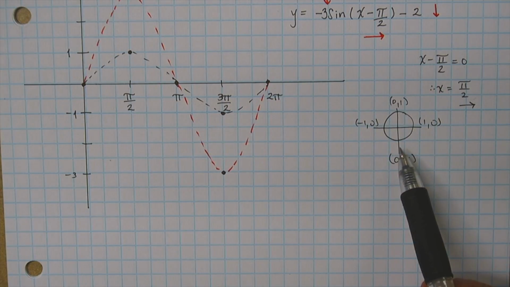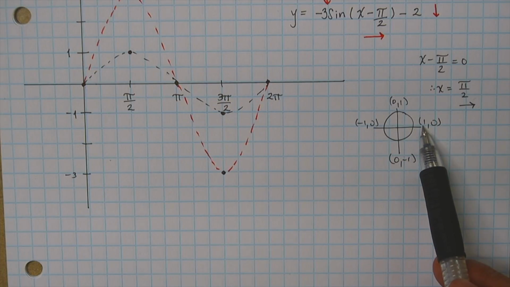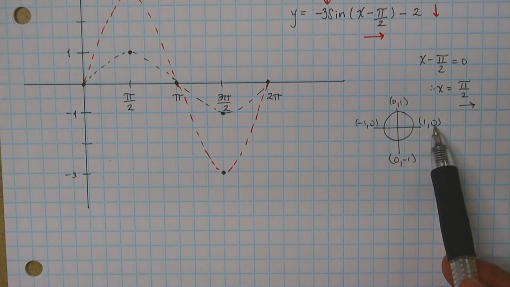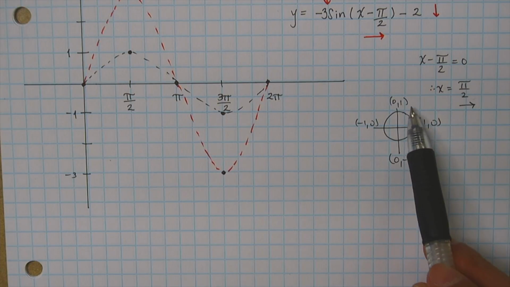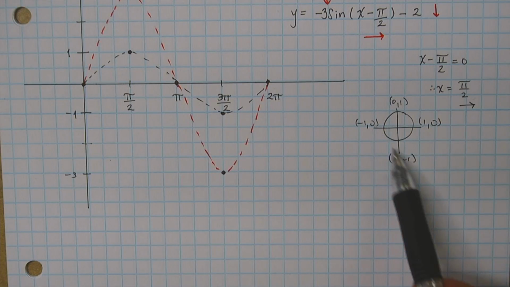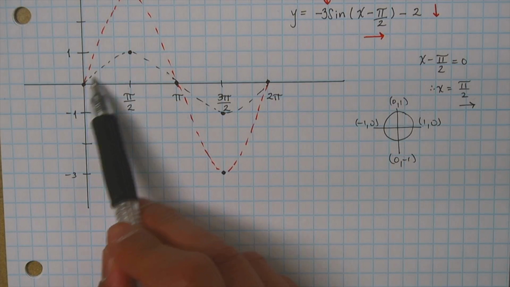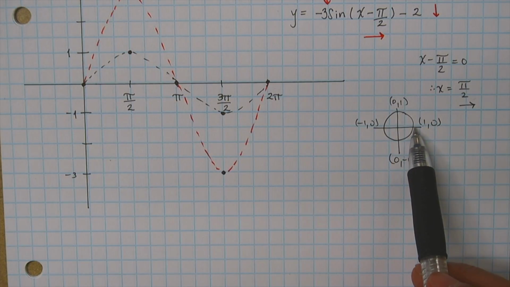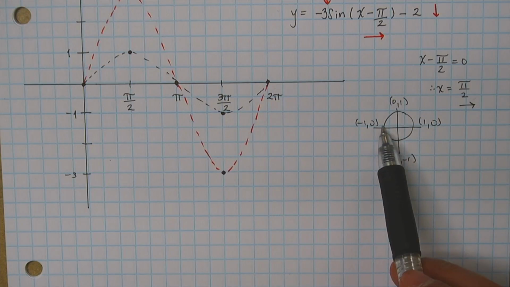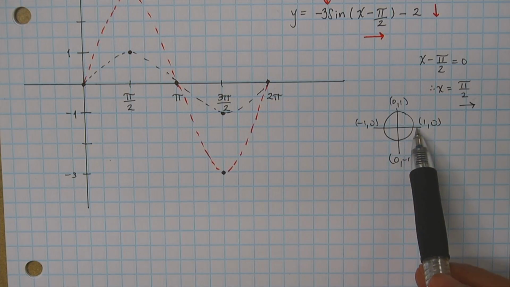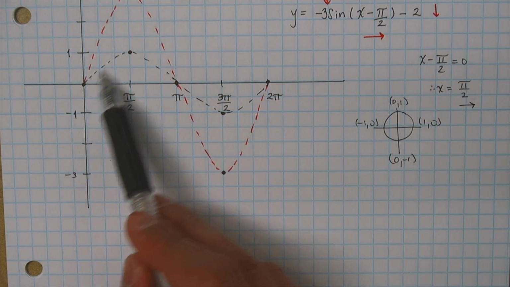And remember, cosine represents the x value, sine represents the y value, so that's why we go from 0 to 1 to 0, back to negative 1, and then back to 0. And that's this pattern you see here. You start off with 0, pi over 2, pi, 3 pi over 2, and of course 2 pi. So this is what you want to start with.